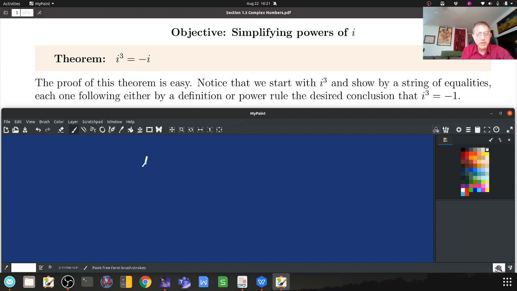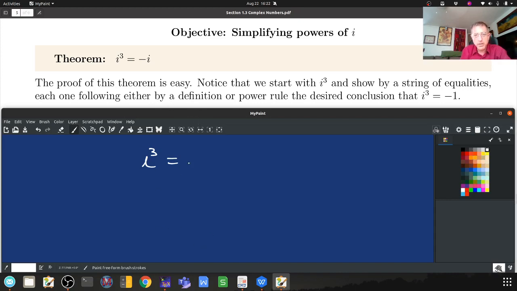What I want to do is start out with i cubed, and then use properties of exponentiation to conclude that it's minus i. So I start with what I'm given, and my bottom line should be i cubed is equal to minus i.